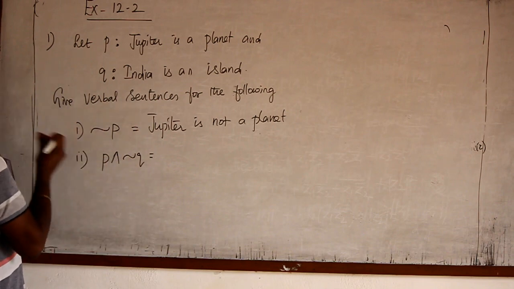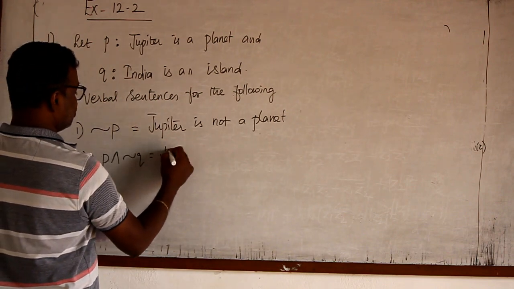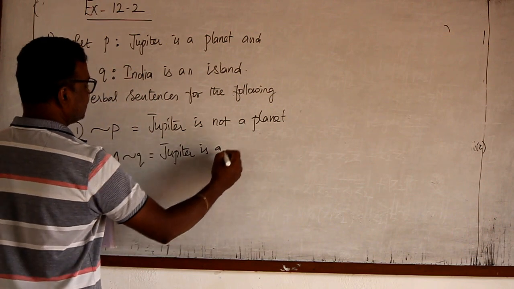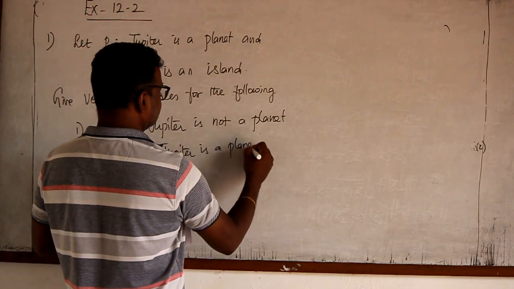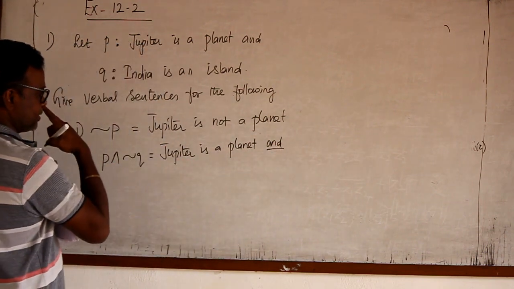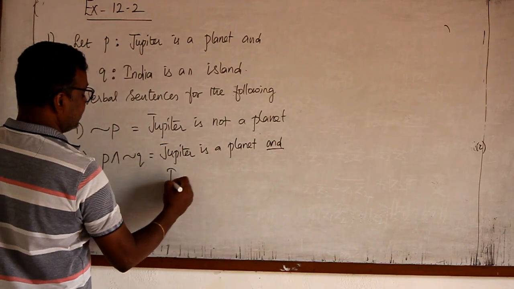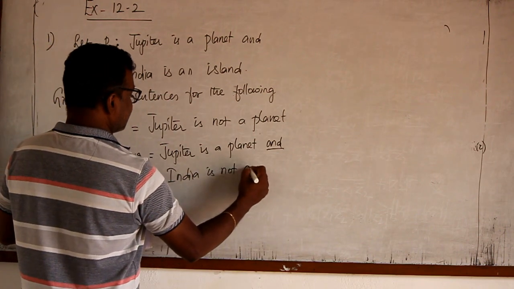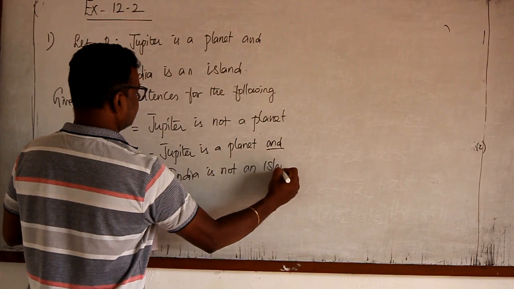I have to add and. That is, Jupiter is a planet and India is not an island. That's all.